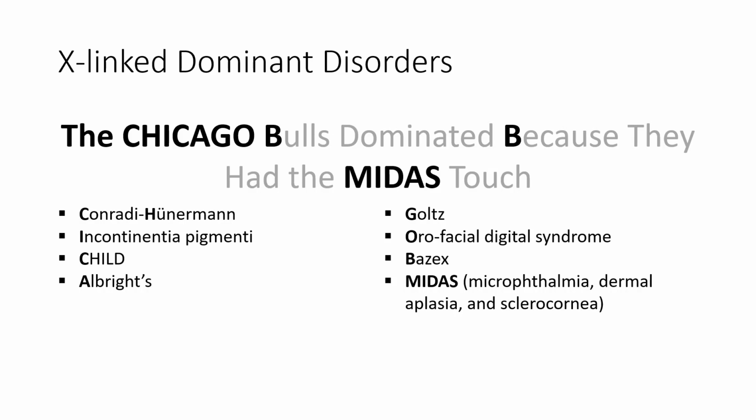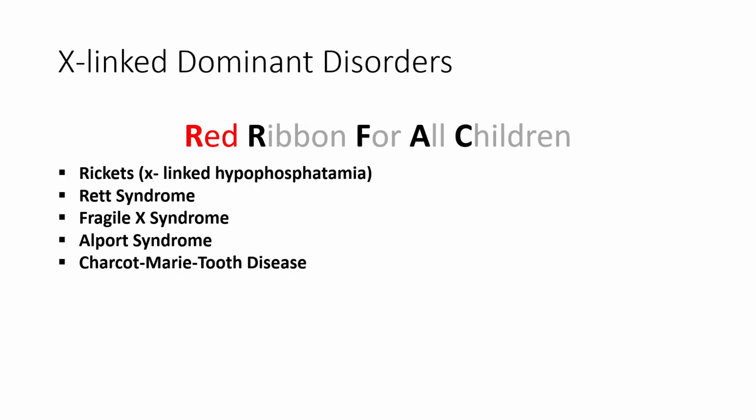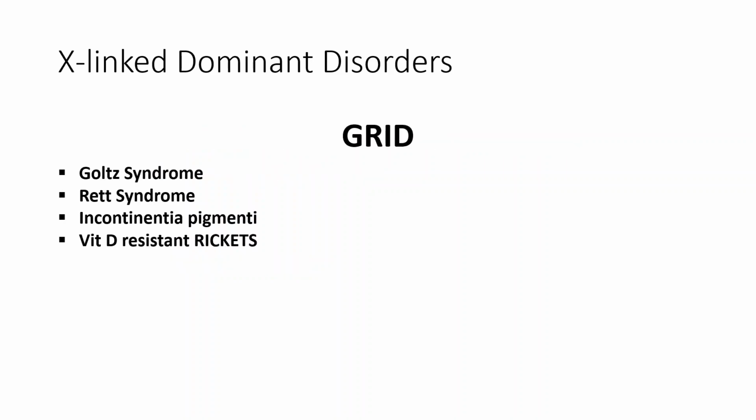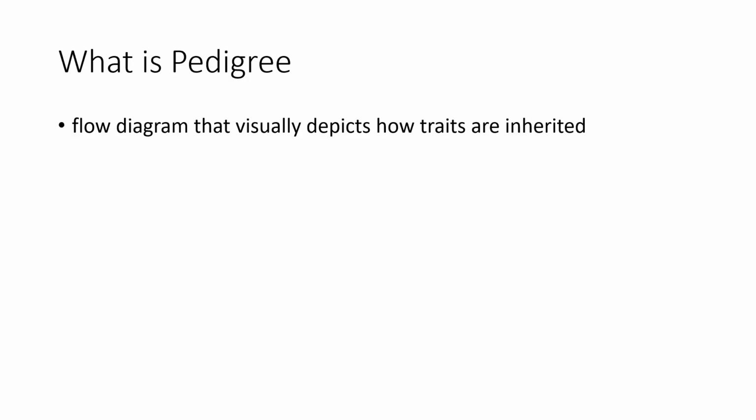X-linked dominant, the Chicago Bulls dominated because they are the leaders to touch. I prefer this for my X-linked dominant. Alport is here, Fragile X syndrome is here, red ribbon for all children. Part of X-linked dominant, fair grid.